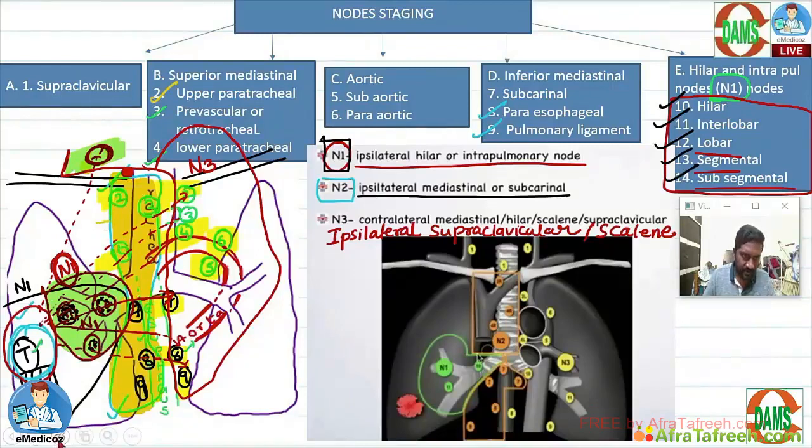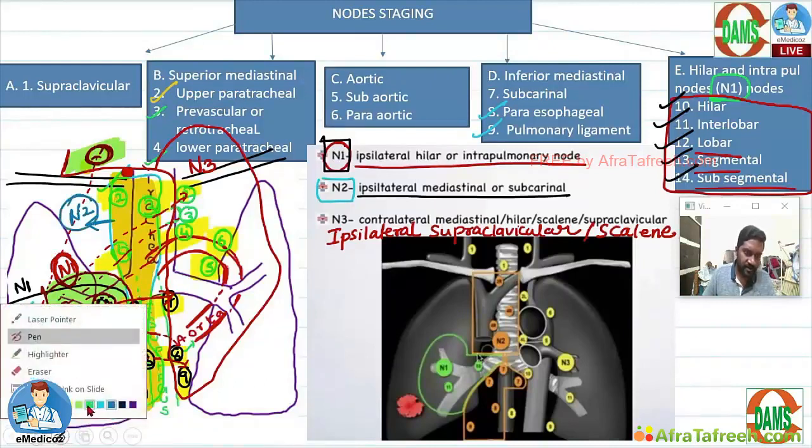Because subcarinal lymph nodes are very well identified on a CT scan, that's why I'm telling it separately. This everything is N2, whereas this is N3.